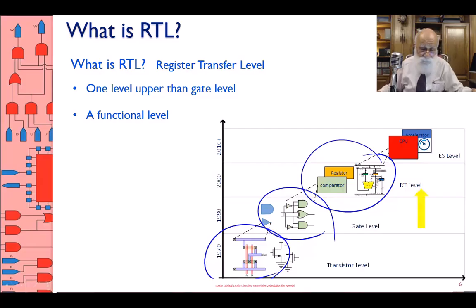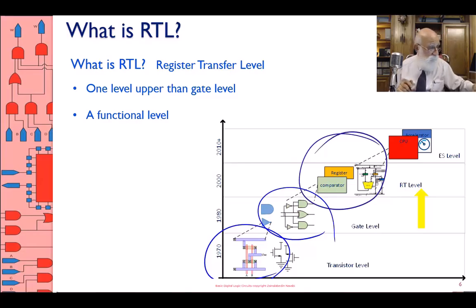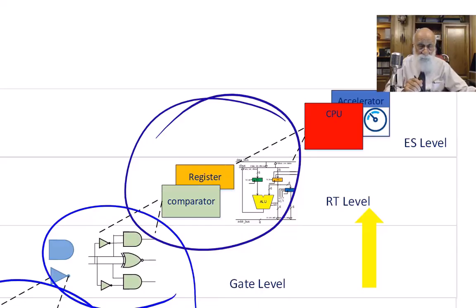My concern is this. And look. It shows certain busing structures, wires connected together, components like an ALU connected together with maybe a register, maybe a counter, maybe a comparator and things. This is what I'll be dealing with.